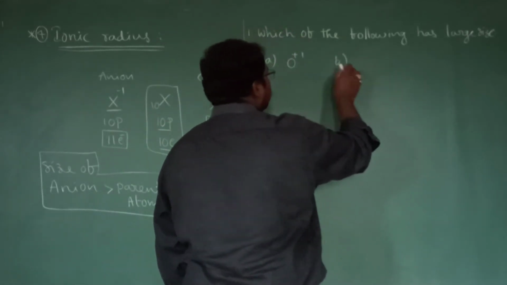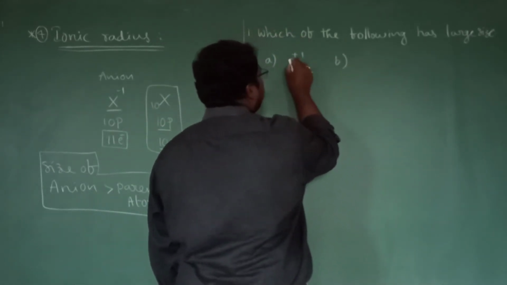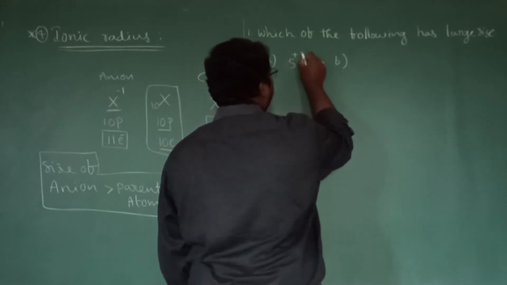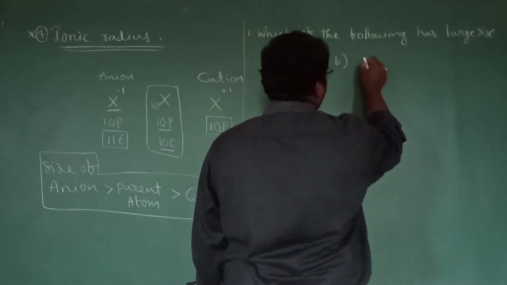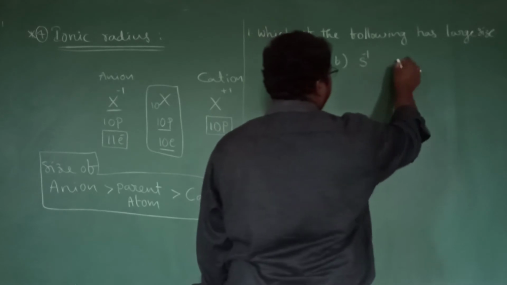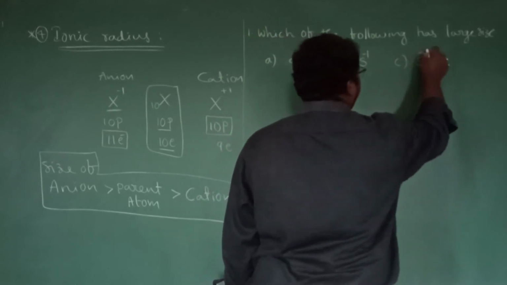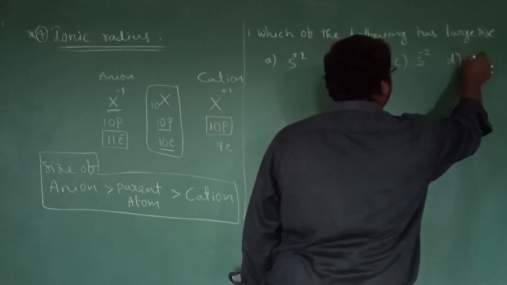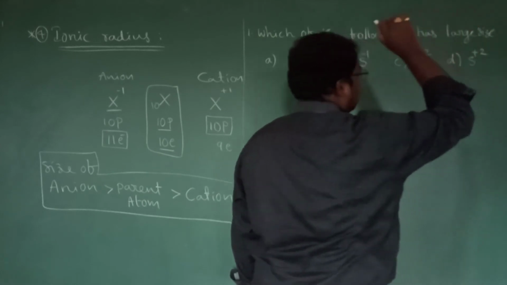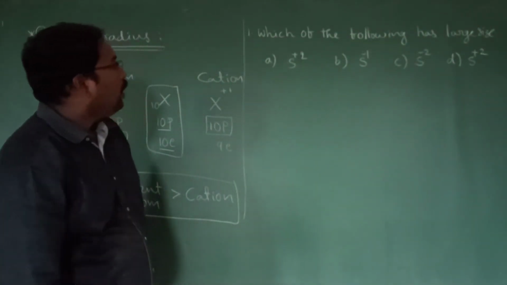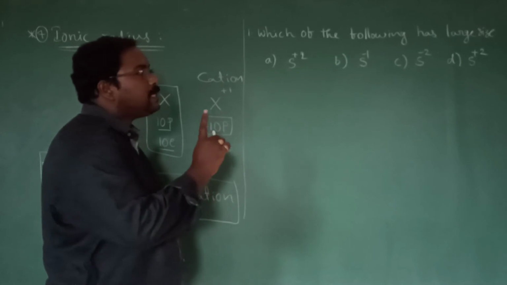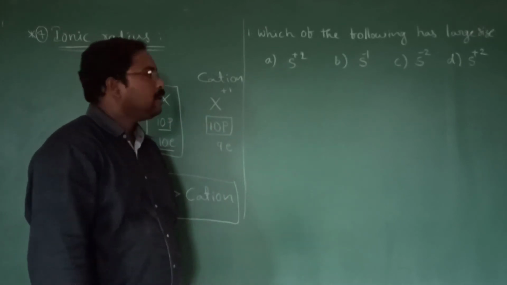And the second option, let us take sulfur: sulfur plus 2, sulfur minus 1, sulfur minus 2. Now my question is, which of the following has the large size?